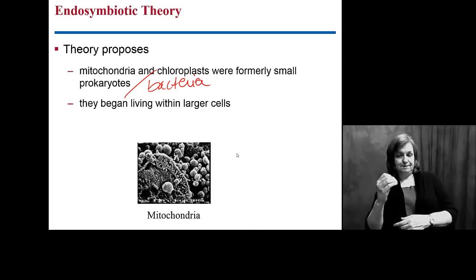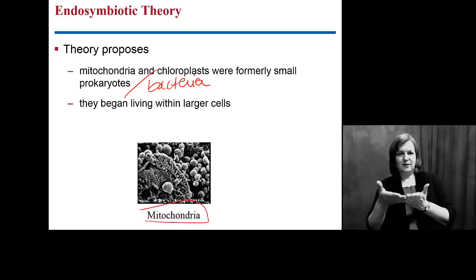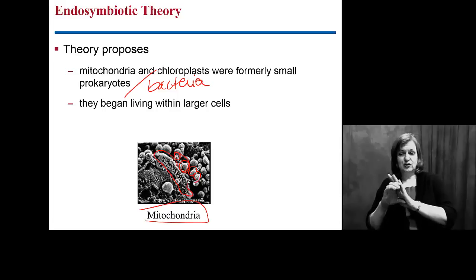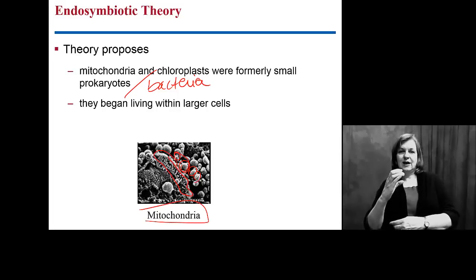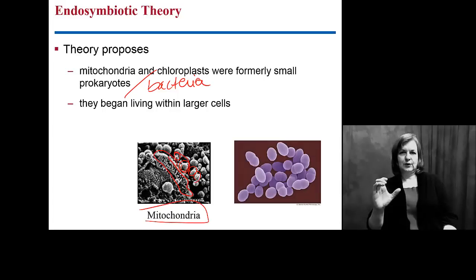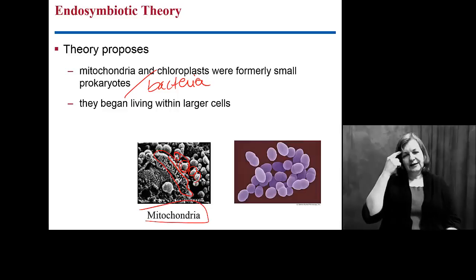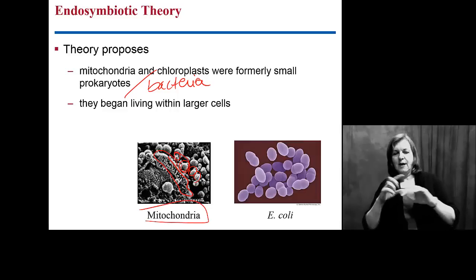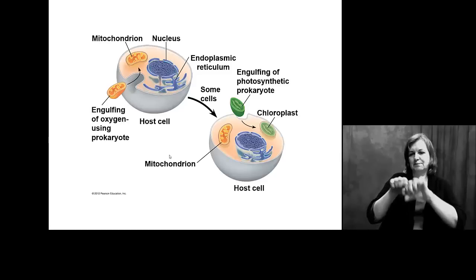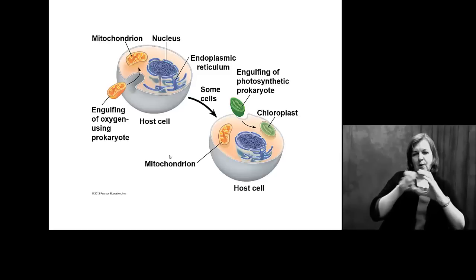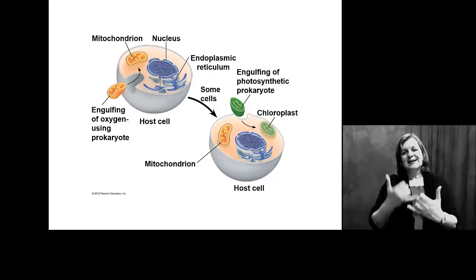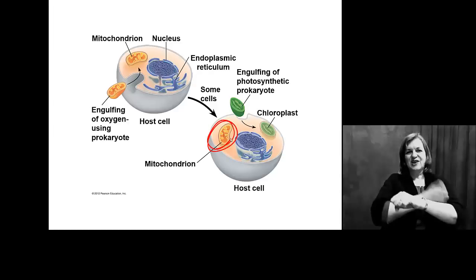And when that occurred, here's a mitochondria. All these little round guys are mitochondria. There's one cut open for you. And when we look at these guys, these are actually E. coli, a very common bacteria. So the theory is that one cell ate another cell, but instead of the lysosomes breaking it down as it normally would, that cell started, if it was an early bacteria, it would have been making its own energy.